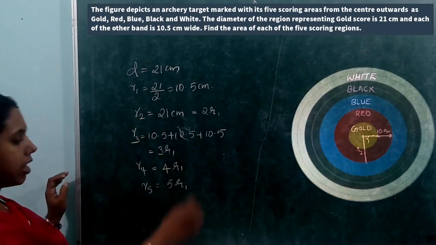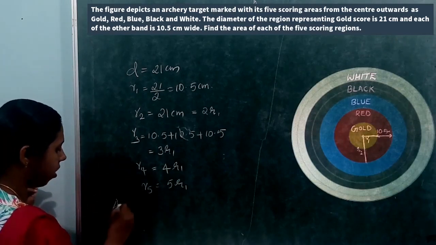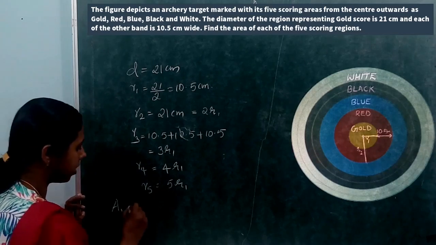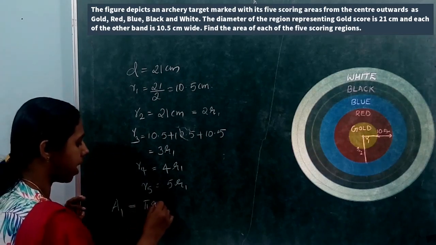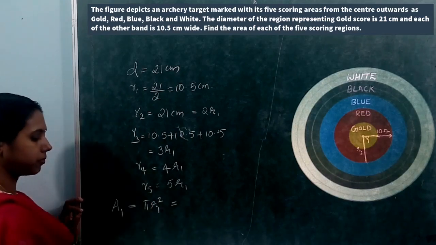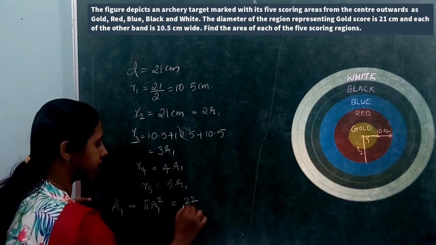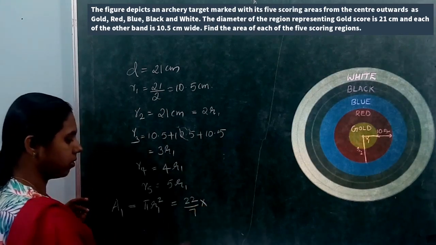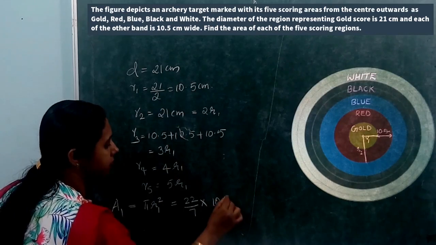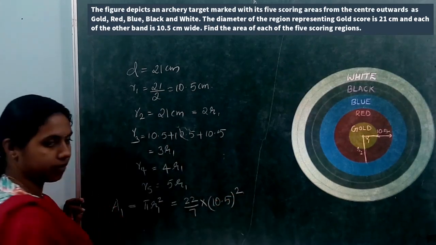Now we can find the area of the golden region. Area of golden region you can note down as A1. Area of the golden region is equal to pi R1 square. That is equal to 22 by 7 into R1 square. R1 is equal to 10.5, 10.5 whole square.